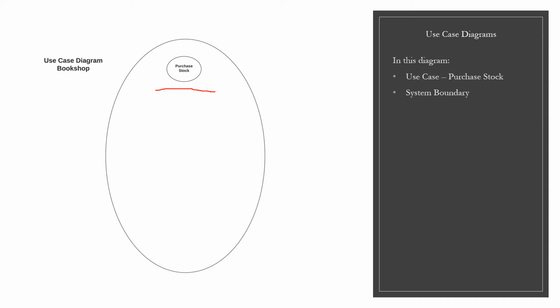Each use case has a short descriptive label that always starts with a verb to describe the action. In this case, purchase stock. A use case represents an action that accomplishes a task within the system. And we now have the first two elements of our diagram.